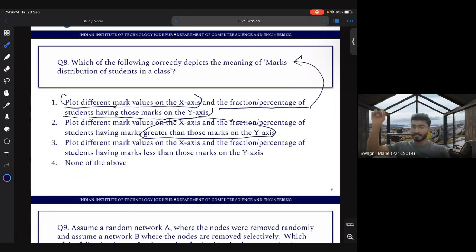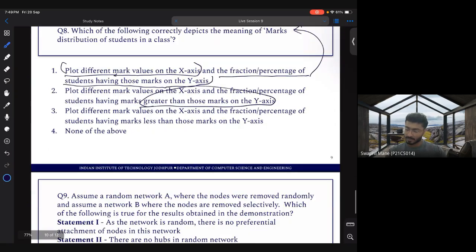This way we get a bell shaped curve. Considering the first statement, the third statement states to plot different marks values on the x-axis, that is fine, and on the y-axis the percentage of students having marks less than those marks, those meaning the x-axis marks.